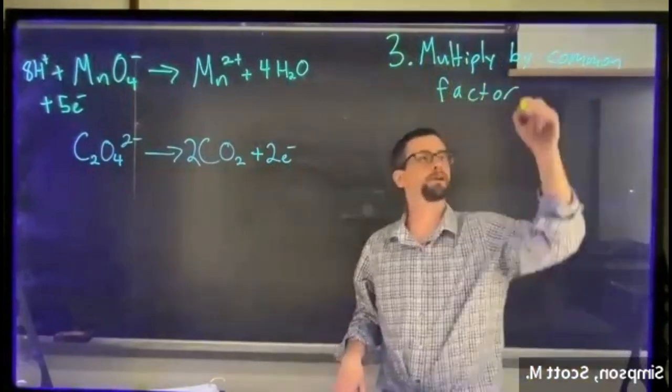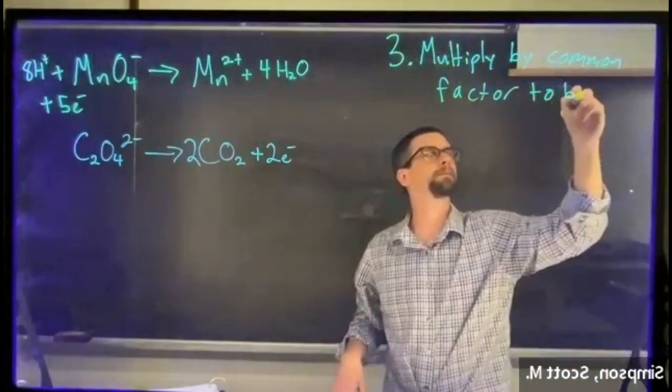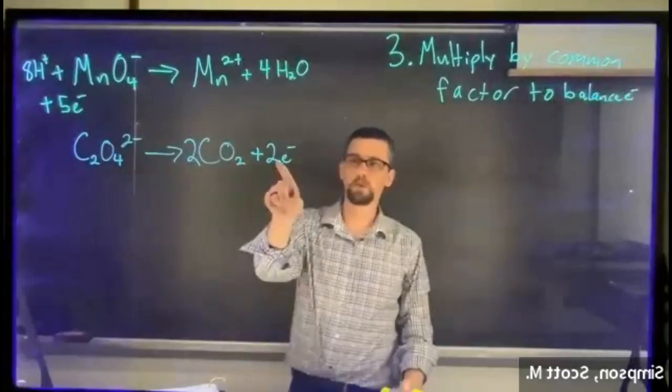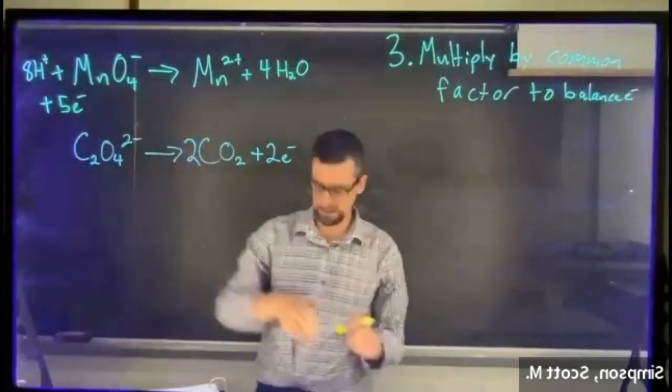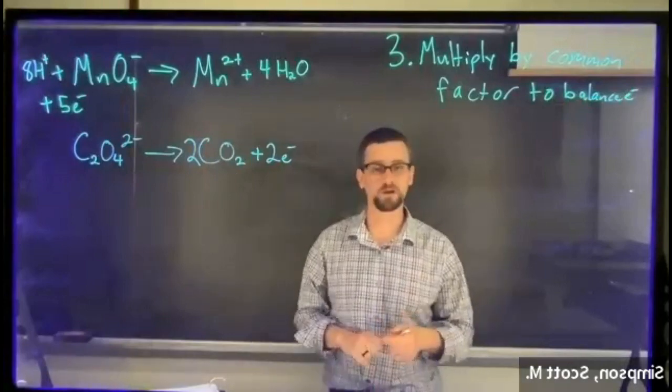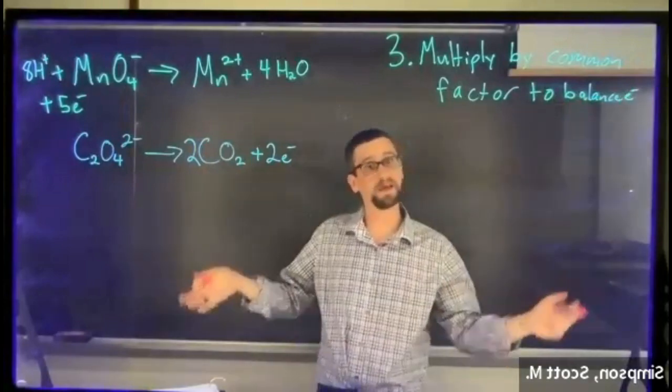So we have 2 and we have 5 here. So what we're going to have to do is find a common factor between 2 and 5. Common factor in that case is 10.